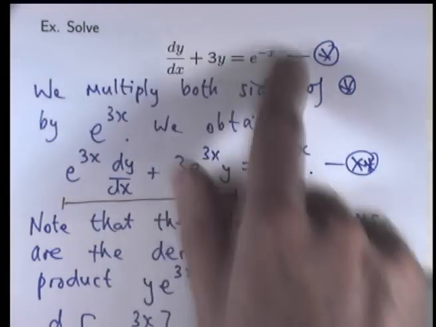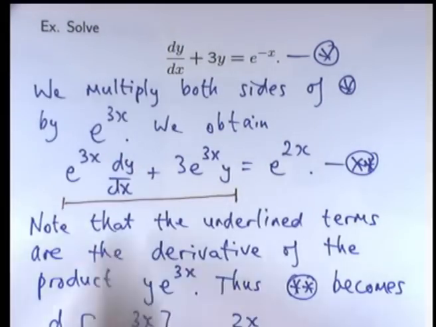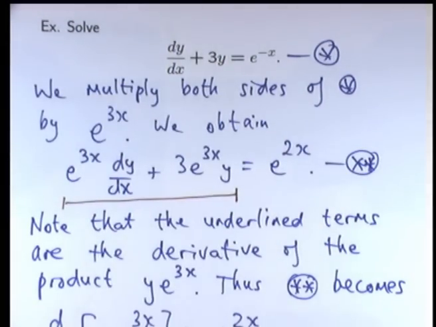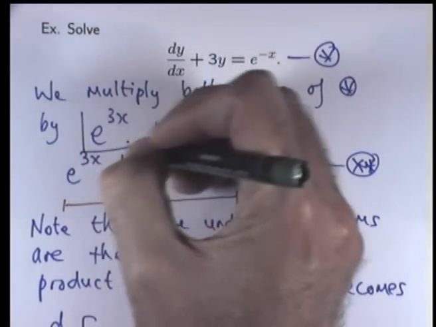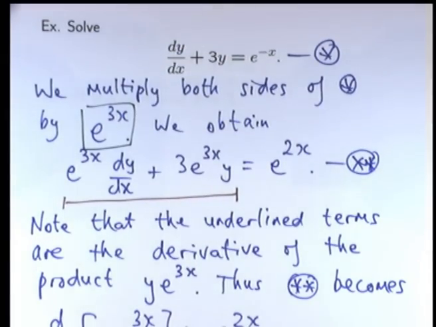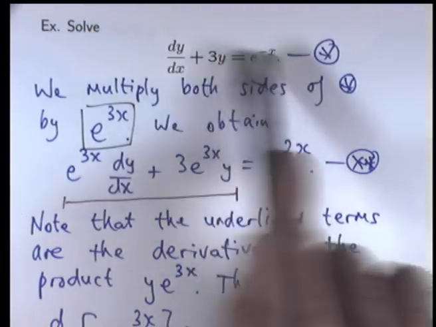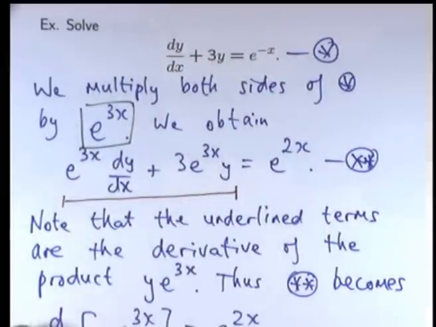Let's go back and analyse it. The first thing is that we realise that this is a linear ODE. Then I chose this special function, e to the 3x, and multiplied both sides by that e to the 3x.